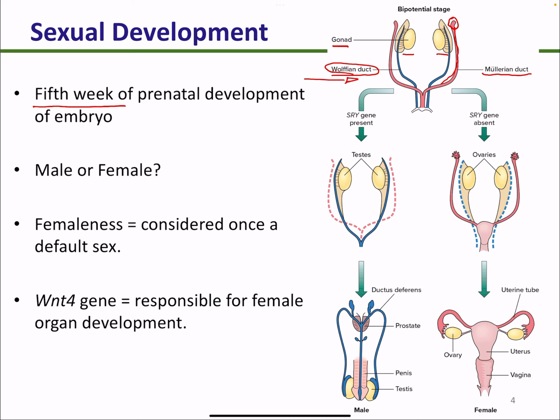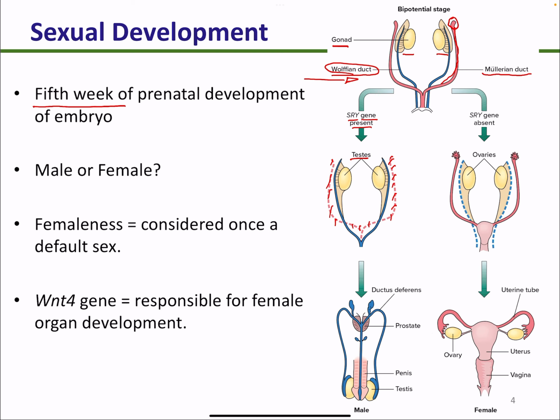More specifically, if the gene SRY is expressed because it is present, what happens is that the Mullerian duct is going to be resorbed. It's going to be destroyed, right? While the testes are going to develop clearly and stand out.